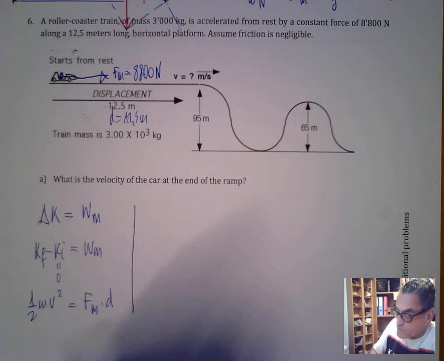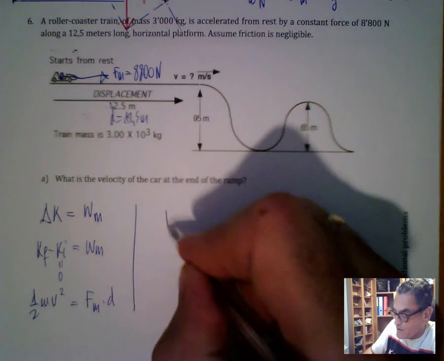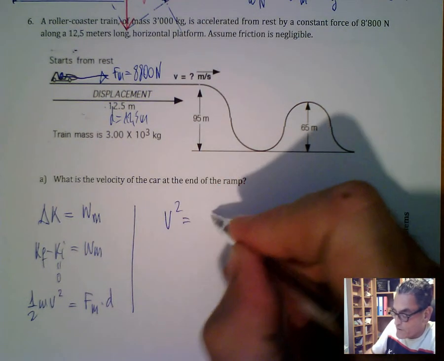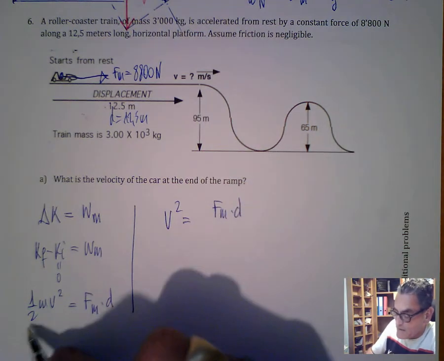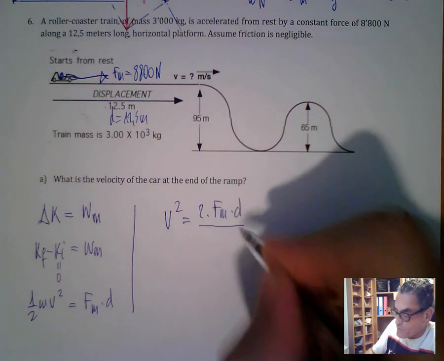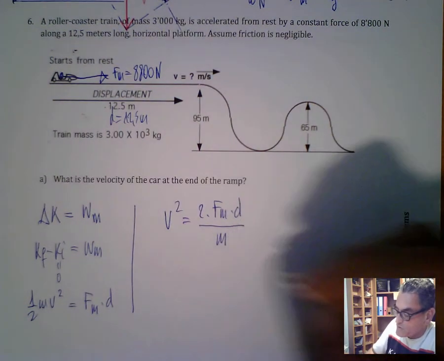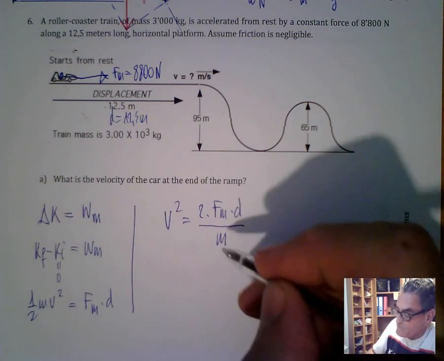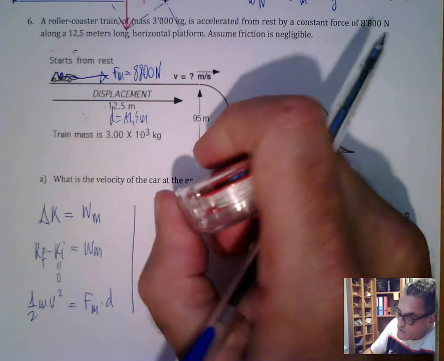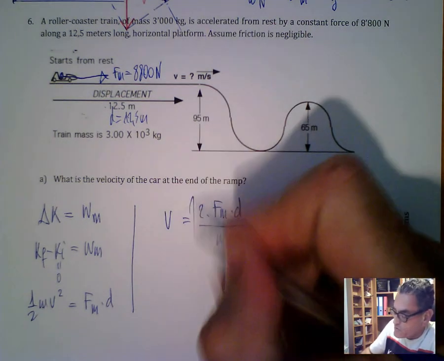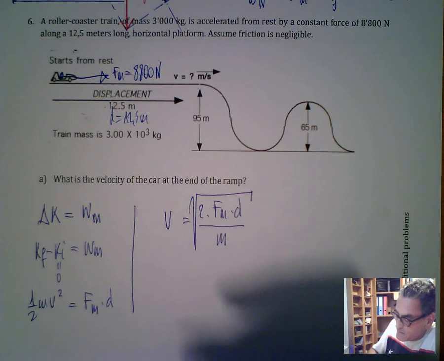And now if we want to compute the velocity, we just need to extract the velocity from this formula, so we get that v squared is equal to Fm times d. This is divided by 2, so we multiply it by 2, and this is multiplied by m, so we divide by m here. And now if we want the velocity, I erase the square and put a square root, and voila, that's it.